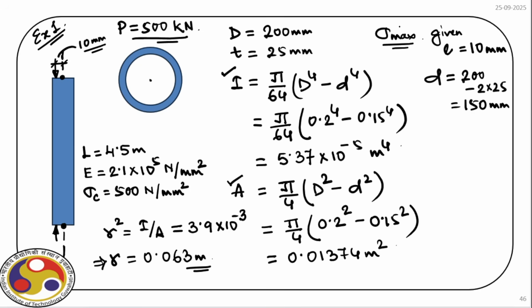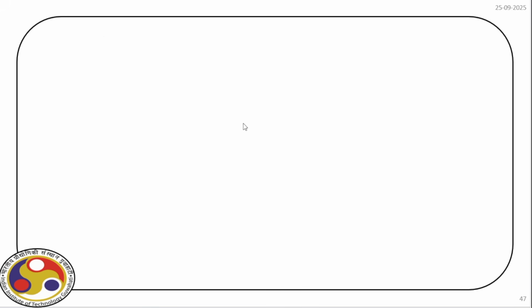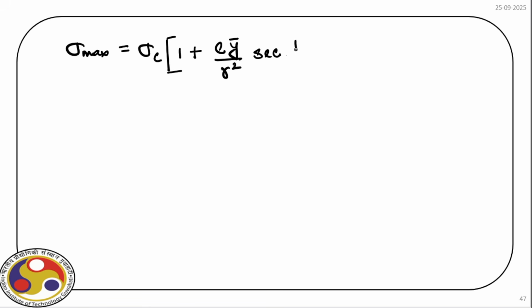Okay. Now, if you recall the Secant formula, we have sigma max is equal to P by A, which is sigma C, within bracket we have 1 plus e times y bar divided by r square times sec L by twice r square root of P by EA.